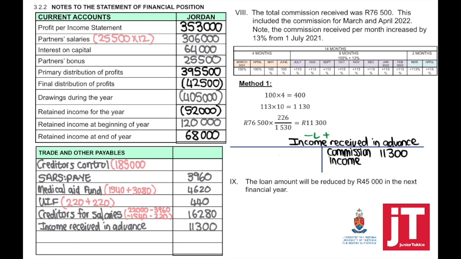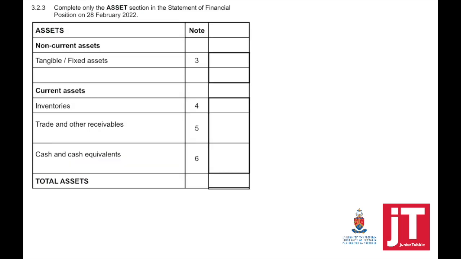So this must appear as part of your trade and other payables capital portion of loan, 45,000. There were no adjustment with regards to the creditors control, so now we can total the total for trade and other payables. The last question, complete only the asset section in the statement of financial position on 28 February 2022.